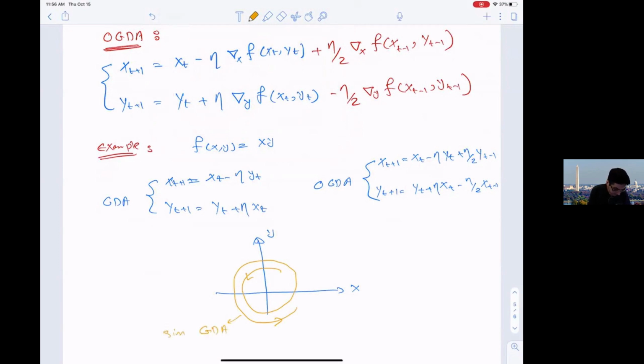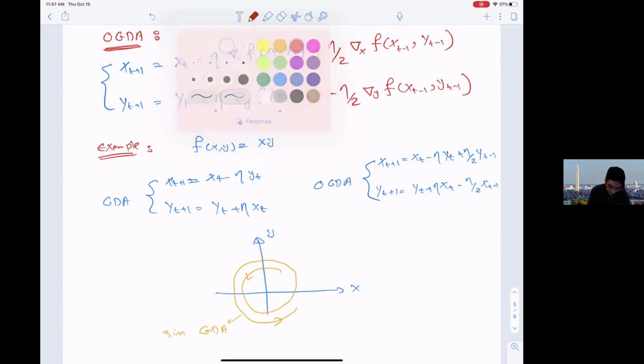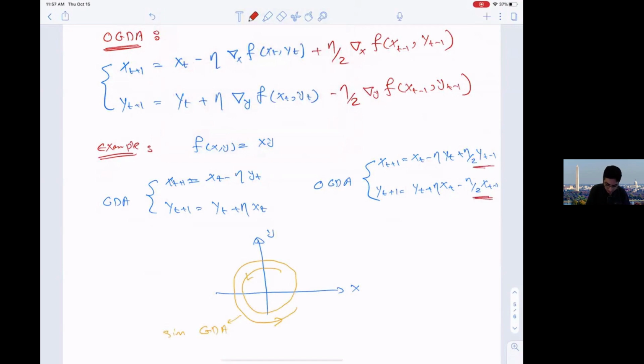In the optimistic case, by just adding these negative momentums, we are going to converge to the global saddle point. This is the optimistic gradient descent ascent. So this very simple change really helps us to converge.